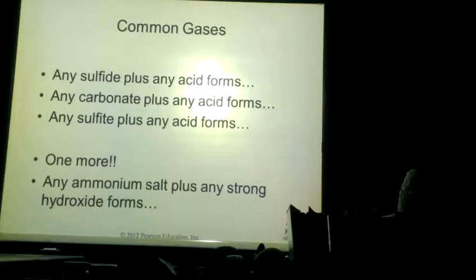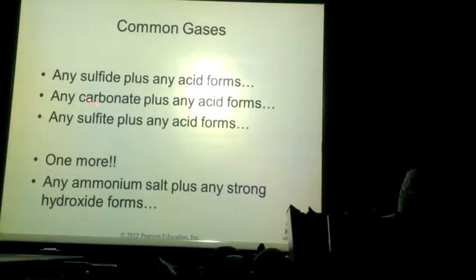Okay, so yesterday we had the 4 different types of gas formations. I just want to go back through, make sure that we review this quickly. We had any sulfide. So if I have any sulfide plus an acid, do you remember what that forms? Should form a salt, and then it should form hydrogen sulfide gas.